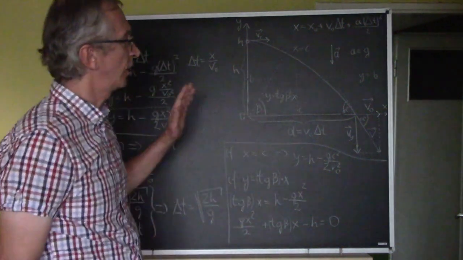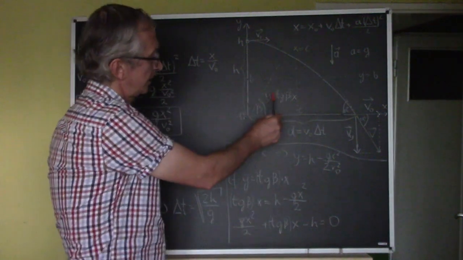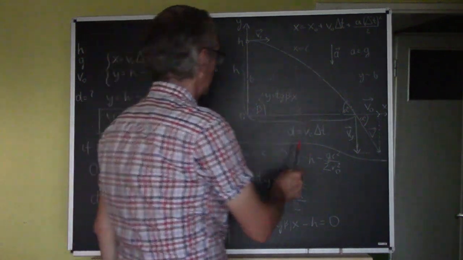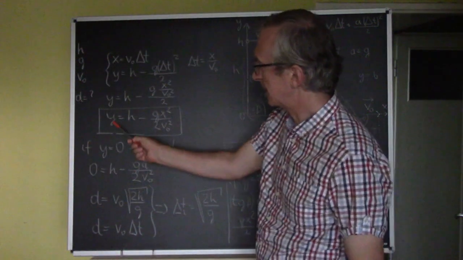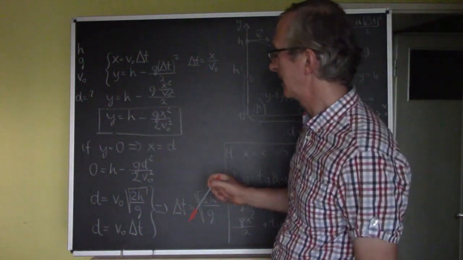If our obstacle is a slope, its equation is y equals tangent beta times x. So we put tangent beta times x here.